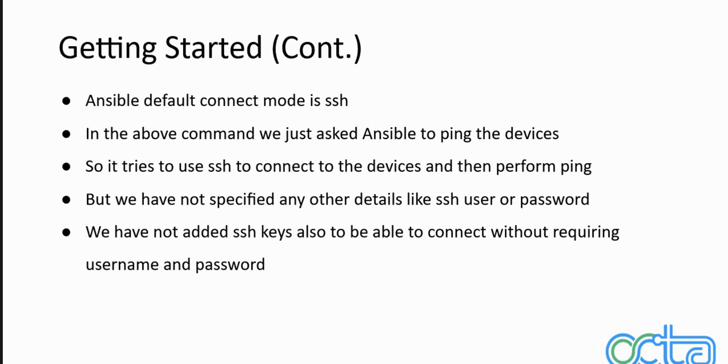It tries to go and connect to the device and execute this Python file called ping. And obviously in this case, the devices we are connecting to are network devices. Python is not installed on them. So the command is going to fail.